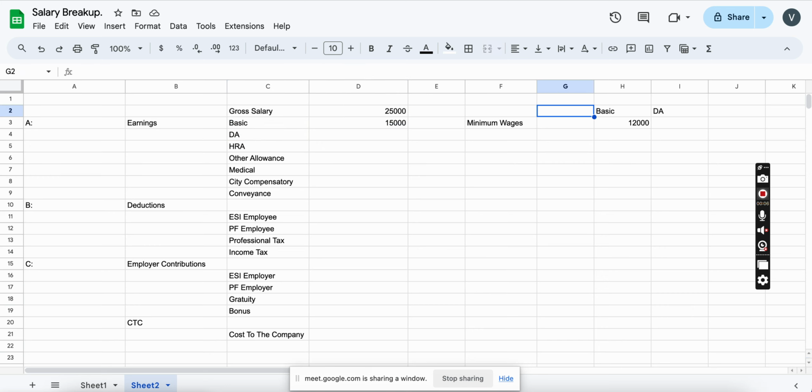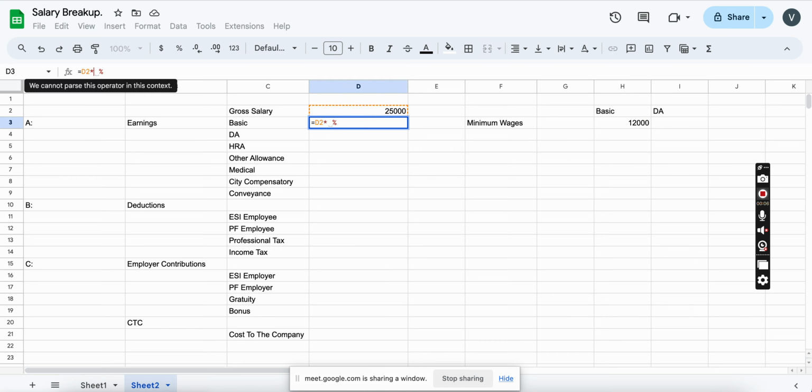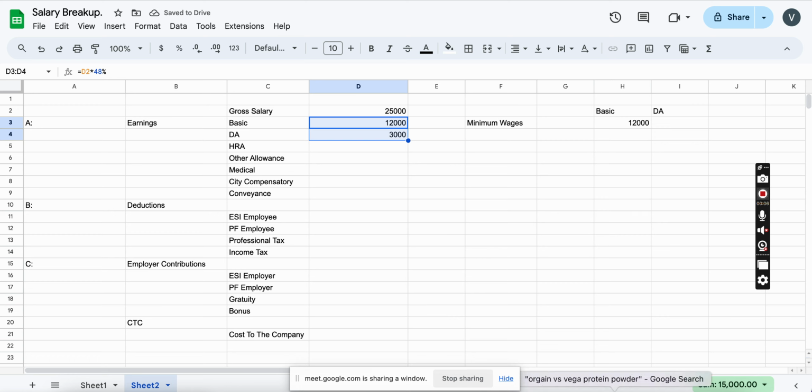But now because there is an audit and you have to show it separately, I would prefer to keep it as 48% and this as 12%. Altogether it becomes 60%. Same, it will come 15,000 only. We should write it like this so that basic and DA together become 60% of gross.